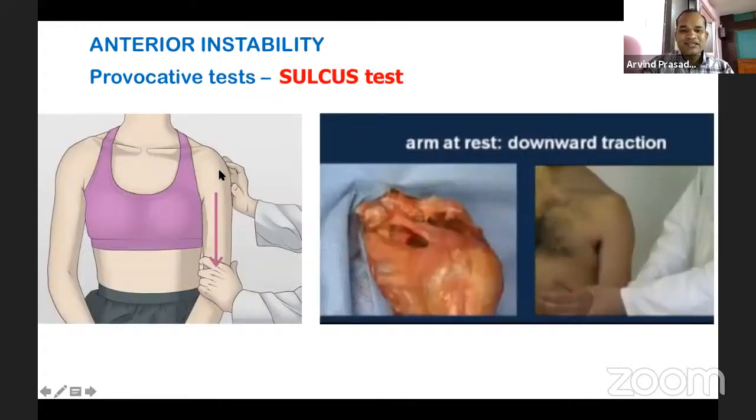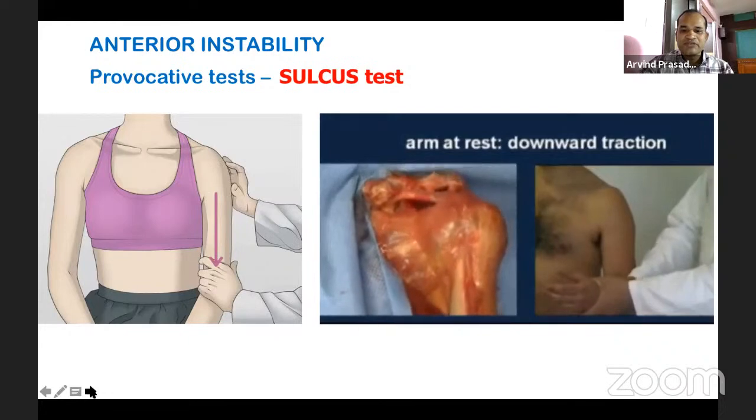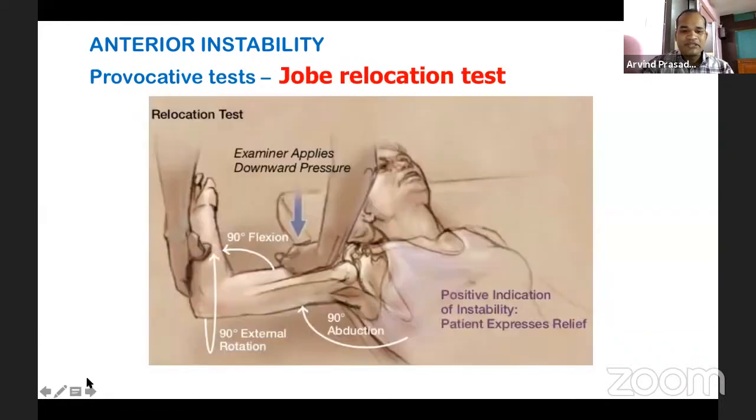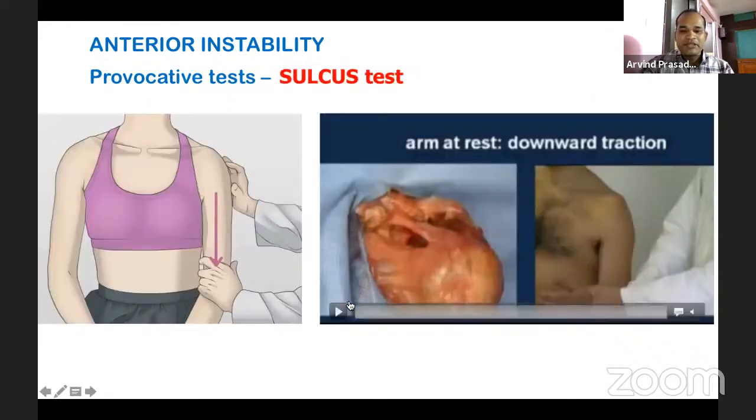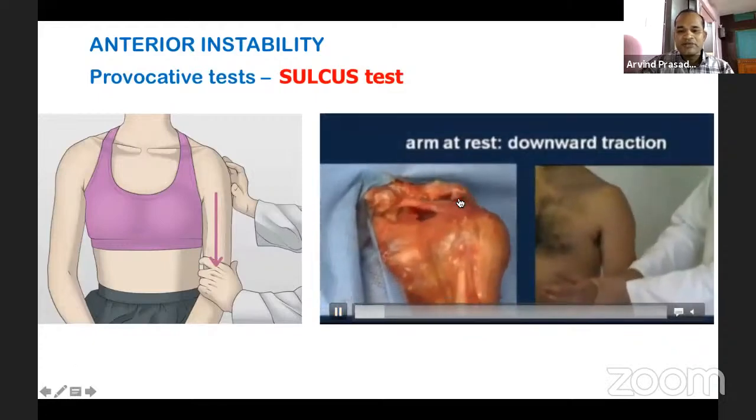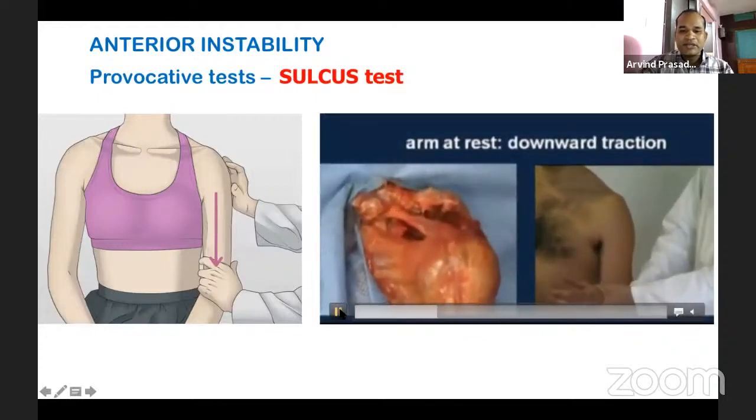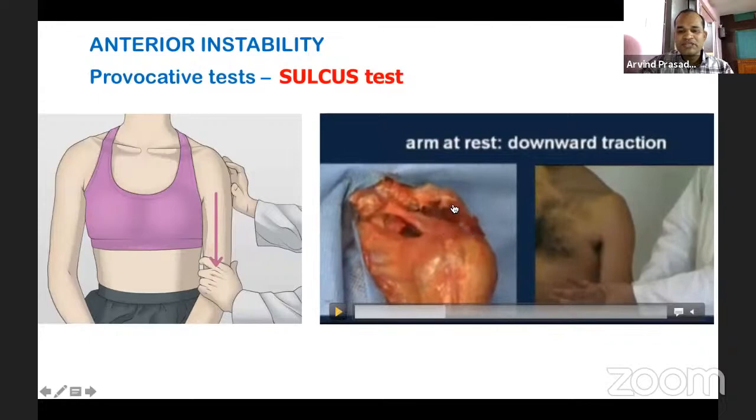The next is the sulcus test, in which the elbow is flexed 90 degrees and downward traction is given to the shoulder joint, looking for an increased distance between the lateral end of the acromion and the humeral head. If there is more than 2 centimeters of distance, then this test is positive.